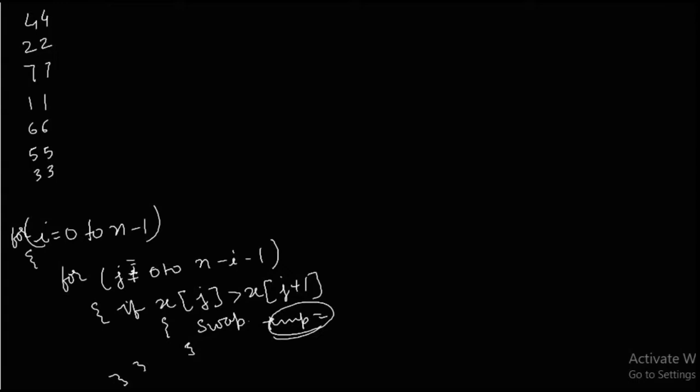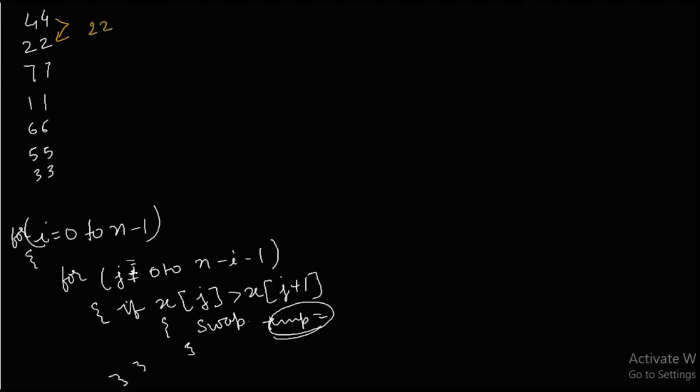So now we'll see how this is going to work. First of all we will compare 44 and 22. This is our first pass, and we can see that 44 is greater than 22, so we will swap.